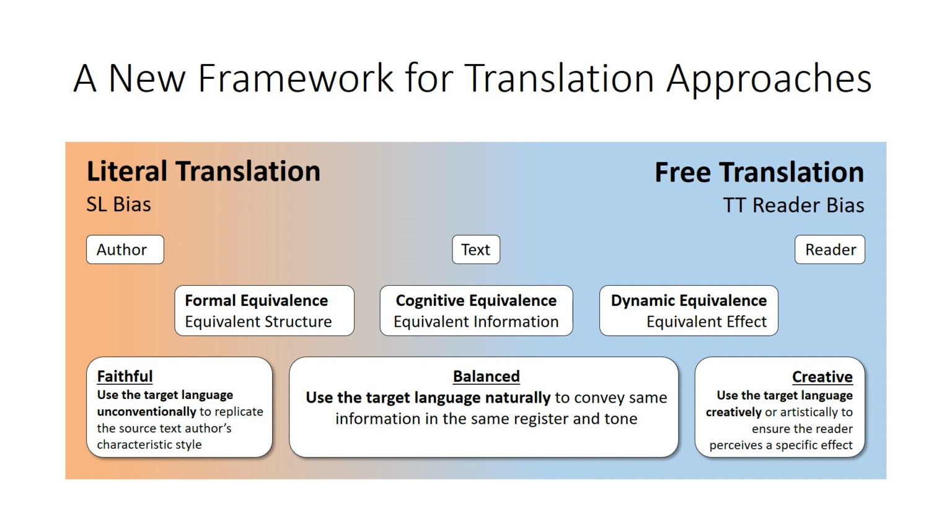Here, the principal concern, the type of equivalence we want to imitate or attain, is very heavily weighted toward equivalent effect, maybe even toward the detriment of the actual message itself. We're going to want to use the target language creatively, primarily to replicate an effect or an impression on the reader. So again, this type of approach is going to be fairly uncommon.